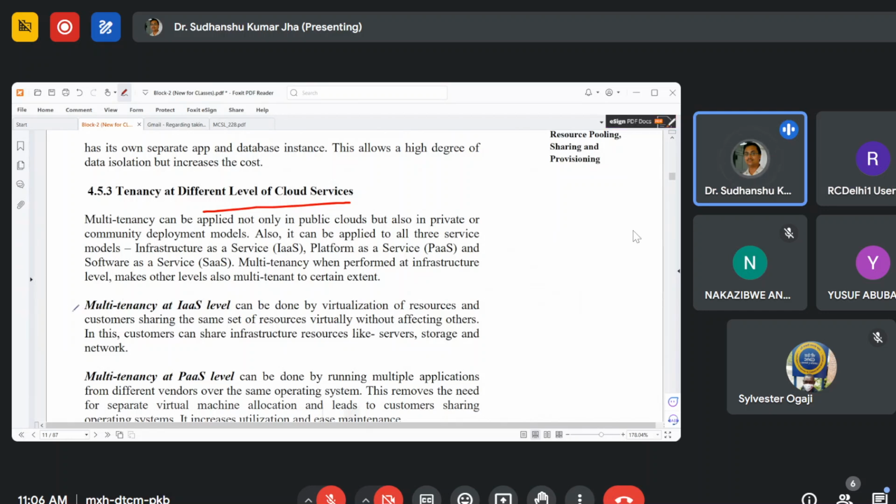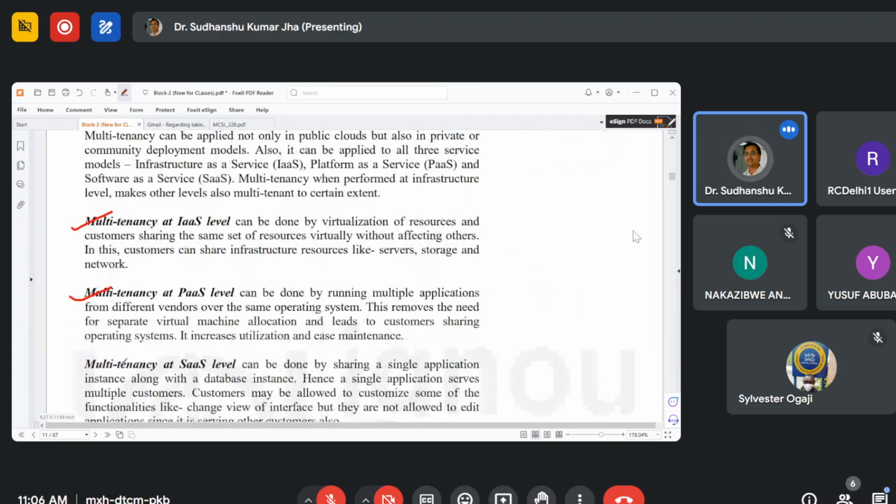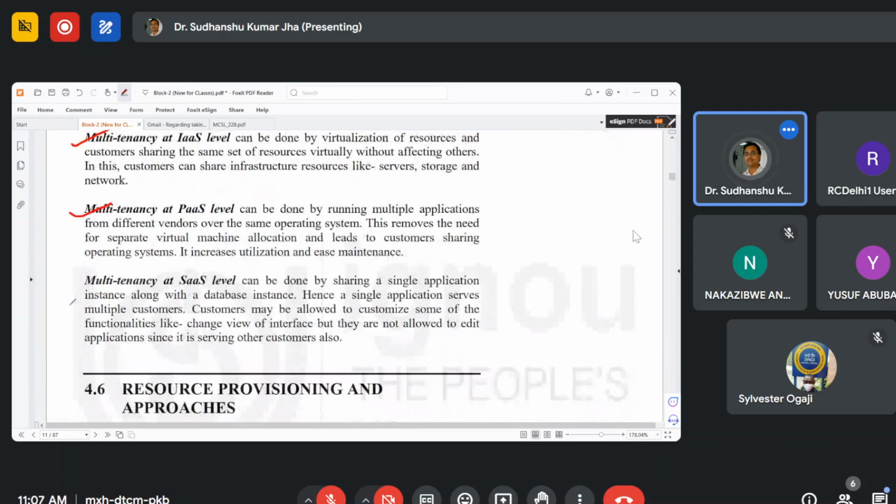Just like that, multi-tenancy at the IaaS level, which we already saw yesterday, or multi-tenancy at the platform as a service level, or at the software as a service level, and so on.